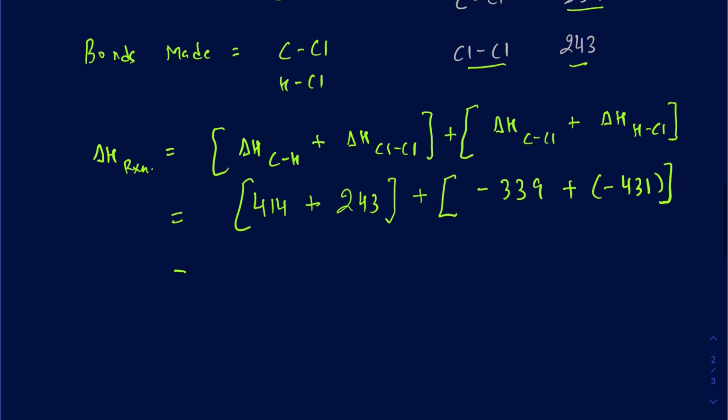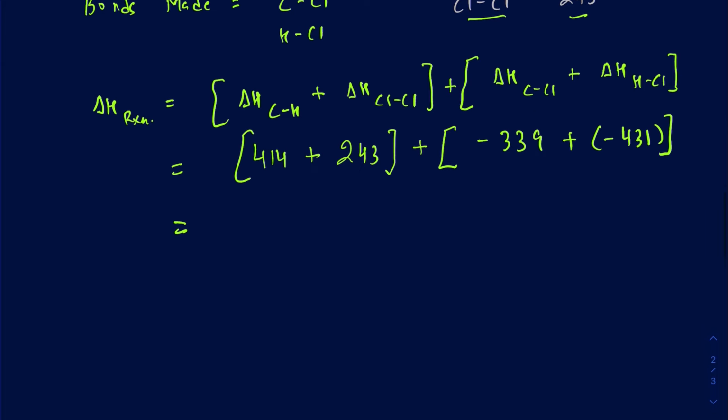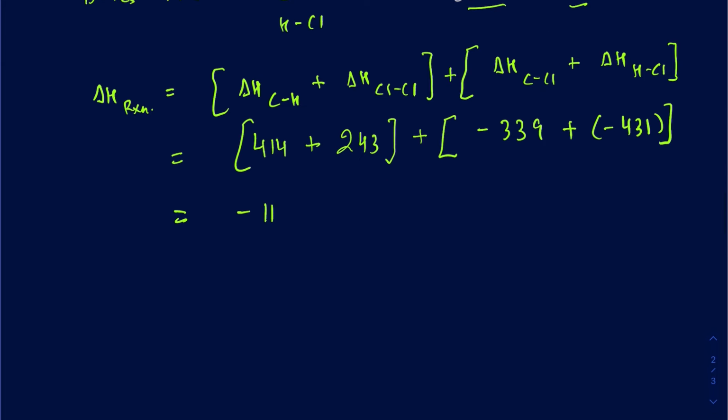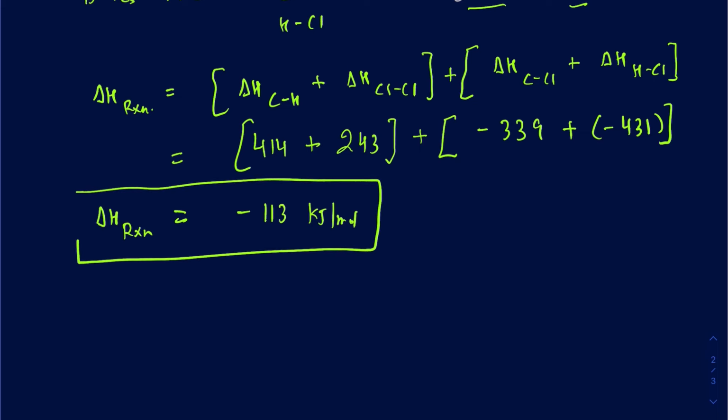Okay, so from here we just have to do our math. That comes out to be negative 113 kilojoules per mole. So overall, delta H of this reaction comes out negative, and since it's negative, it's indeed an exothermic reaction.